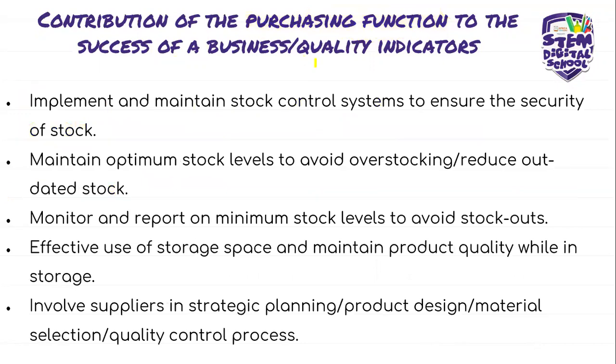These are more on purchasing functions. They also speak about implementing and maintaining a stock control system to ensure the security of stock. It falls under the purchasing function because that stock is going to be sold, so it must be protected by making sure that the security of stock is maintained.